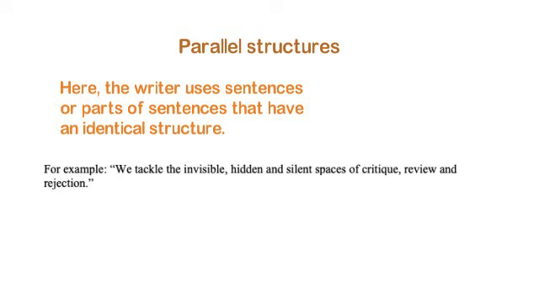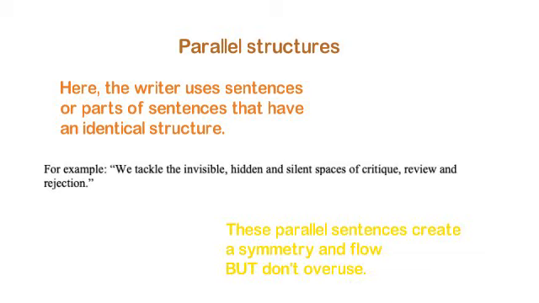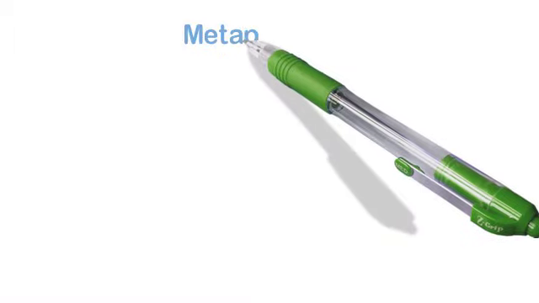So the sentence sets up the organization that's coming after that, and it creates a very flow-like way of symmetry and flow. But again, you don't want to overuse this. You don't want to have these sentences in every single paragraph.